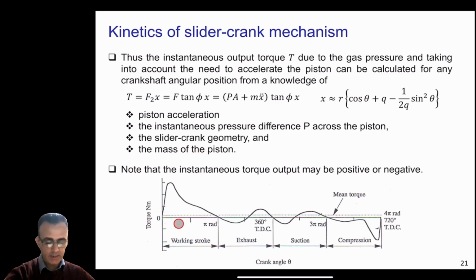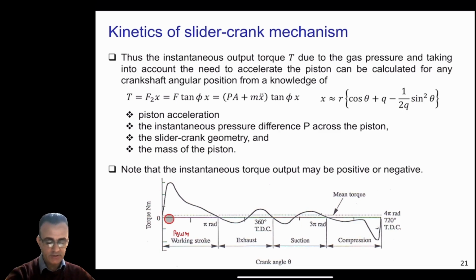So this is a typical torque diagram for a four-stroke engine. If you plot the torque, in Newton meters, on the y-axis, and you put the crankshaft angle on the x-axis here, then the output torque will look like this. So again, you can see that this is the working stroke or power stroke, and this is the exhaust stroke, the suction stroke, and the compression stroke.